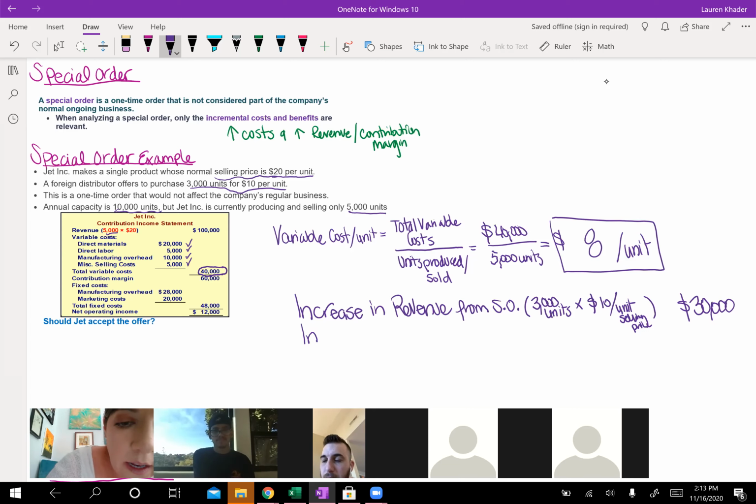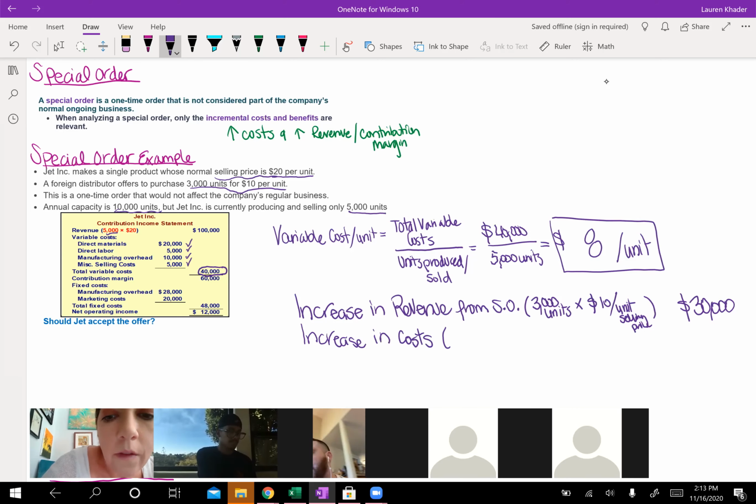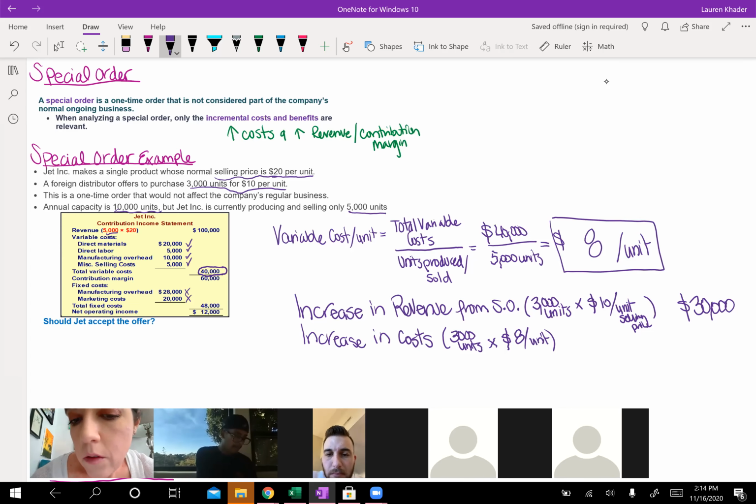We're also going to see an increase in costs, right? Specifically in this case, variable costs. 3,000 units in the special order at a cost of $8 per unit. So 24,000. Increase in revenue compared to an increase in costs. We're just going to net it.